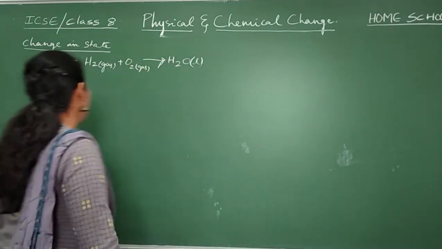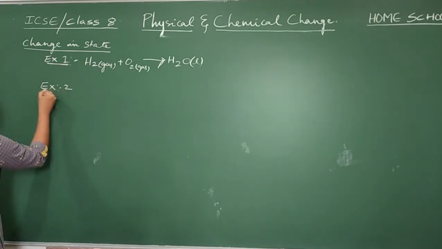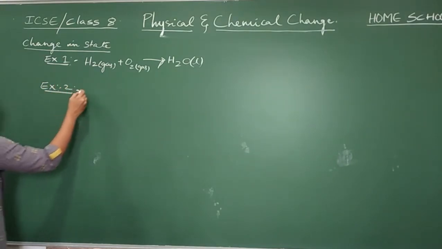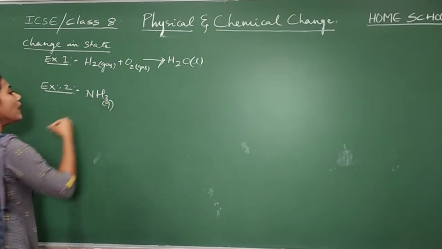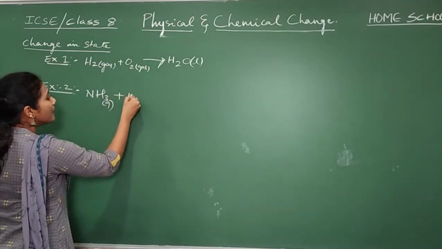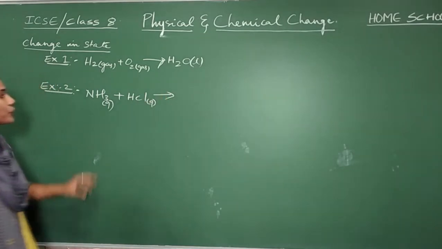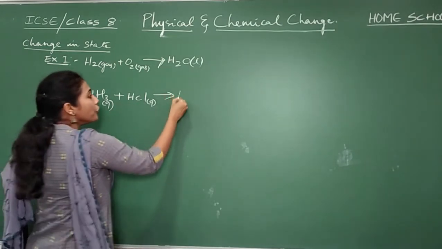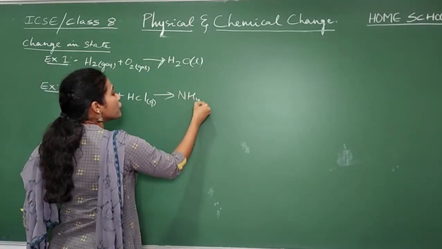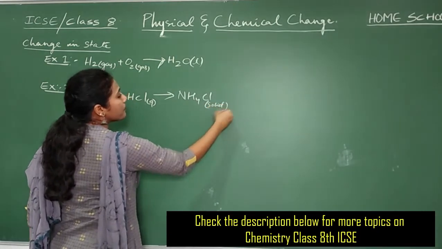Okay, fine. And coming to one more example, example 2. Ammonia, NH3, is also a gas. And when I combine it with HCl, which is a gas, you will see the formation of ammonium chloride, which is a solid.